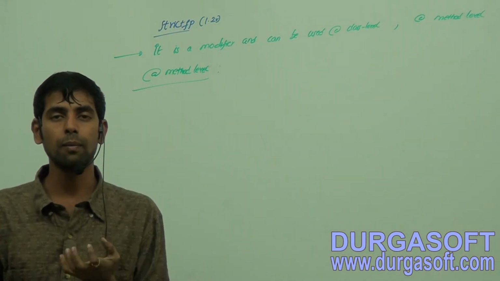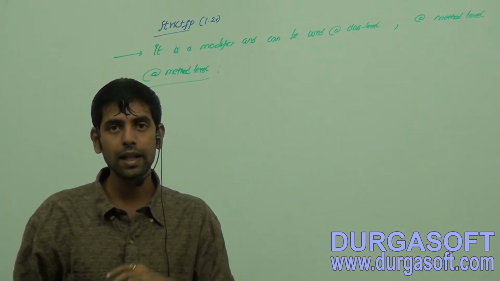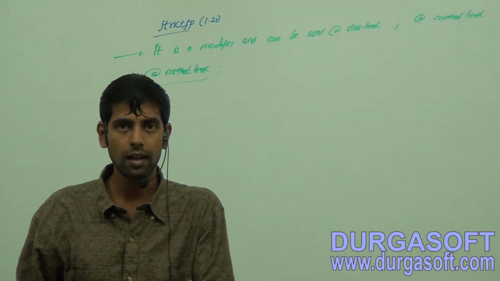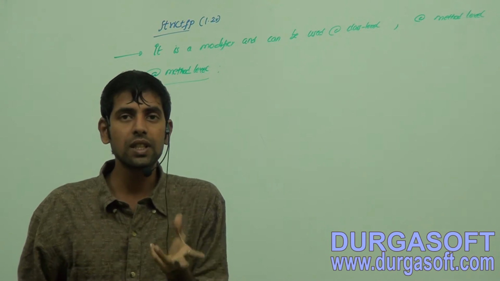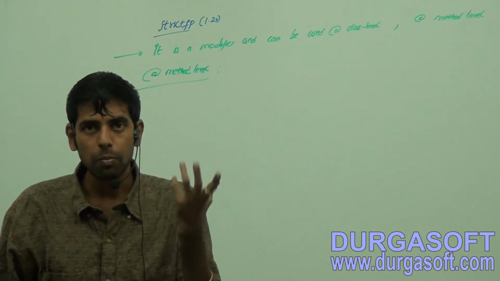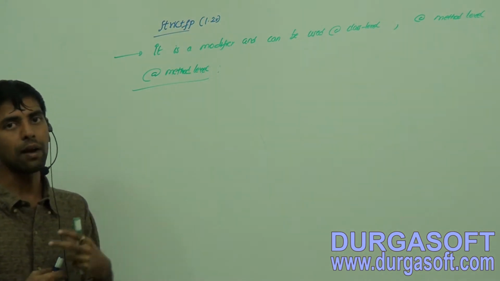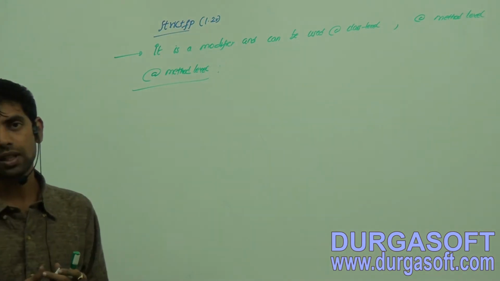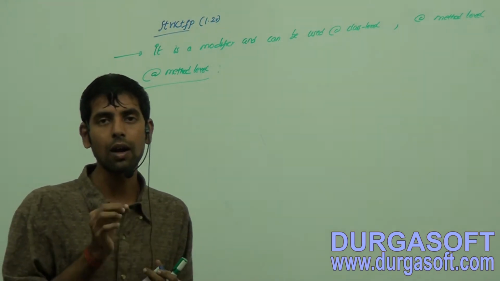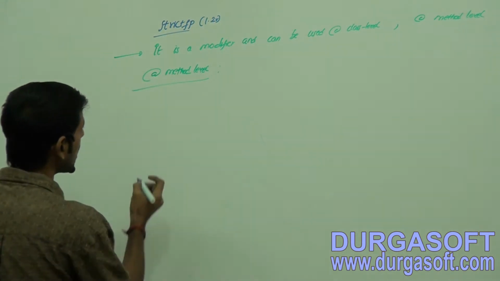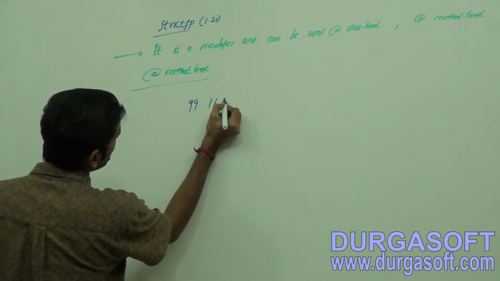If you want a particular arithmetic floating point output which is independent of the platform. Observe here, in Java we have fractional outputs, that is, after the decimal point. See here, 99.1111.